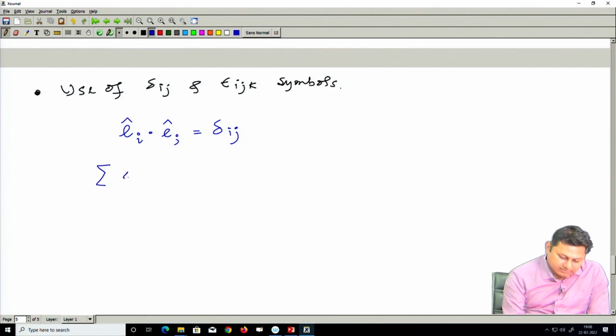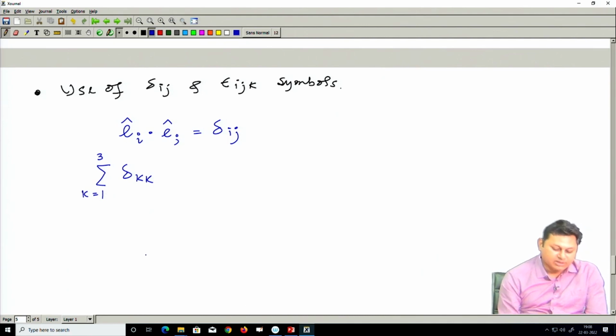Also another thing, for example, delta kk summation, k can take the value 1 to 3, this is a dummy index. According to Einstein notation, I can remove the summation sign because we have a repeated index. So, simply delta kk. What should be the value of this quantity? k can take 1, 2, 3. So, it should be 1 plus 1 plus 1, so it should be 3.